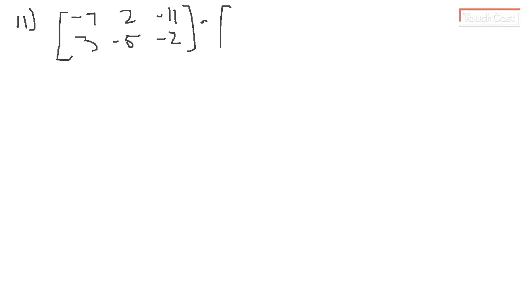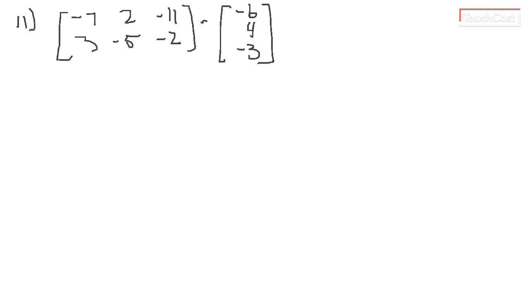Example 11, we're going to have the matrix negative 7, 2, negative 11, 3, negative 5, negative 2. We're going to multiply that by negative 6, 4, negative 3.